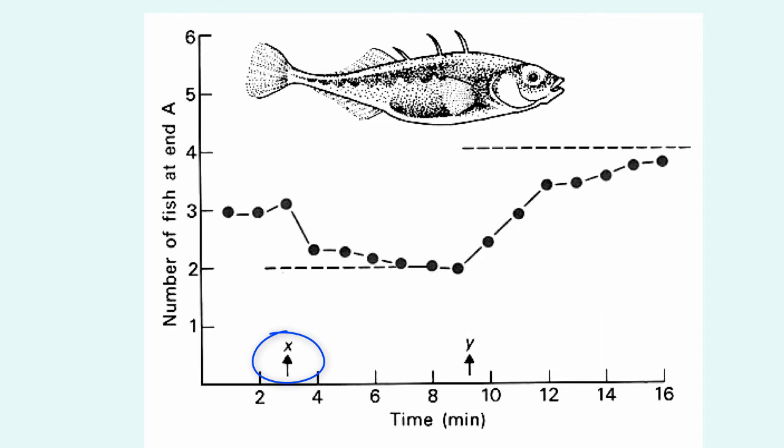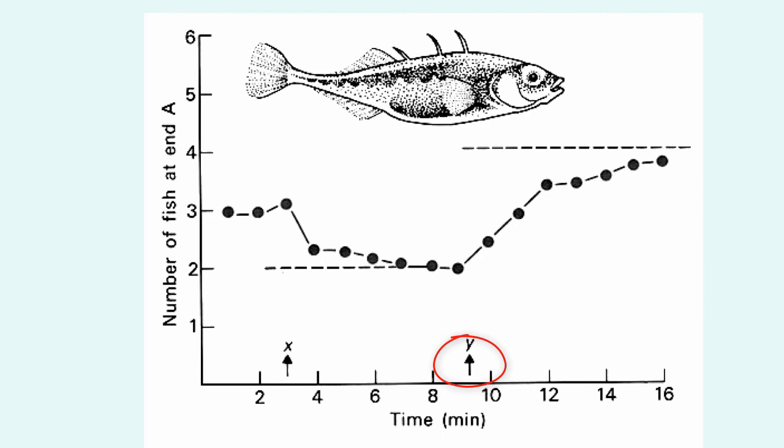They had a very low rate of Daphnia being dropped there, and they basically settled into 2 fish at that end of the tank after the fish were able to figure out the distribution. But at point Y, that's when they switched the prey rate on opposite ends, and they doubled the prey rate at end A, and end B now became the low rate.